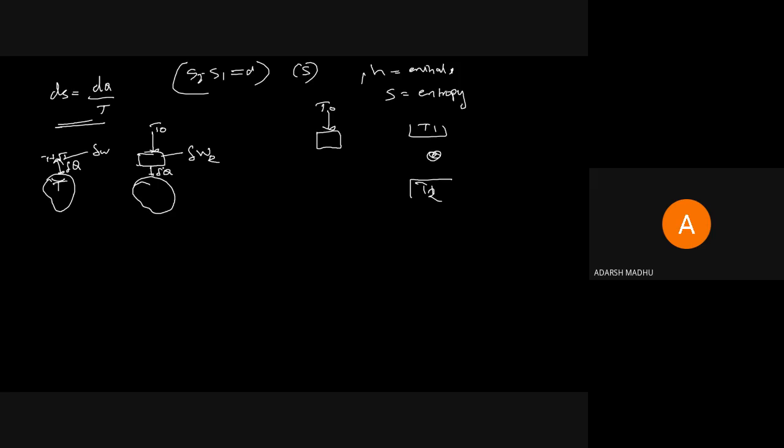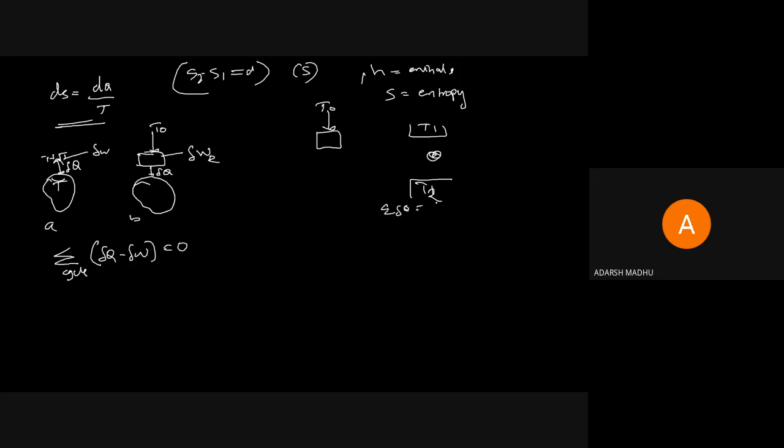So for the first system AB, the first normal system, according to the first law of thermodynamics, for a cyclic process, heat transfer equals work transfer. Or we can say dq minus dw equals 0.